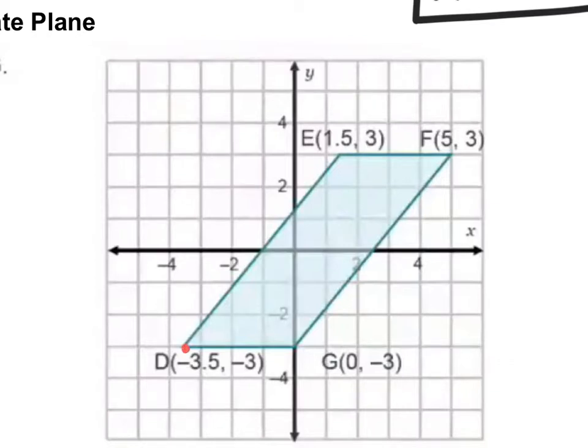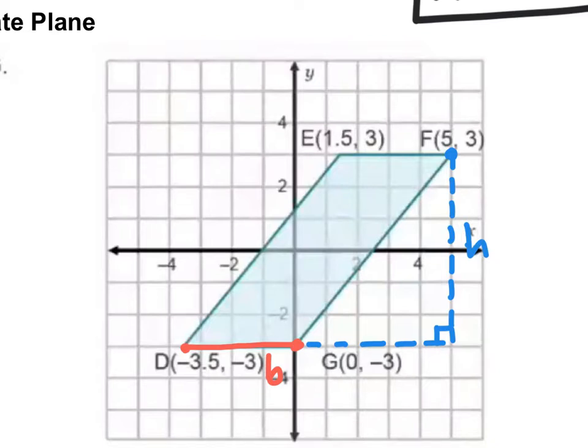I'm going to call this length here my base, all right? And then my height is actually going to be the distance from the very top all the way down to this kind of imaginary base over here. Okay, and this is going to be my height, and this is going to be my base.